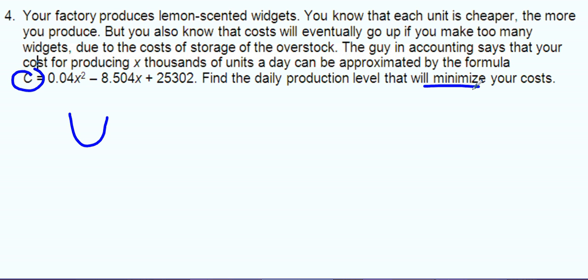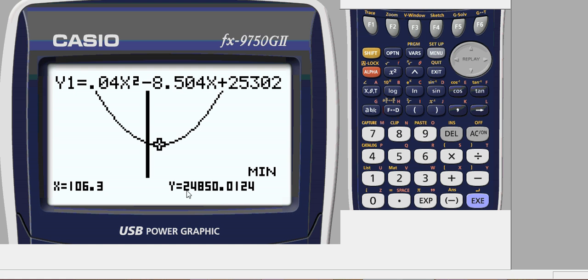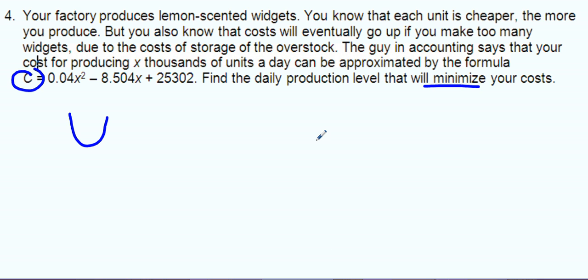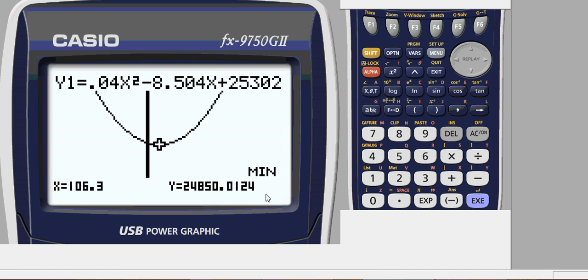So we want the minimum cost, which means we want the Y value, which is 24,850. And then that would be in dollars, which means it would make sense to keep the decimal points there. So, and 1 cent.